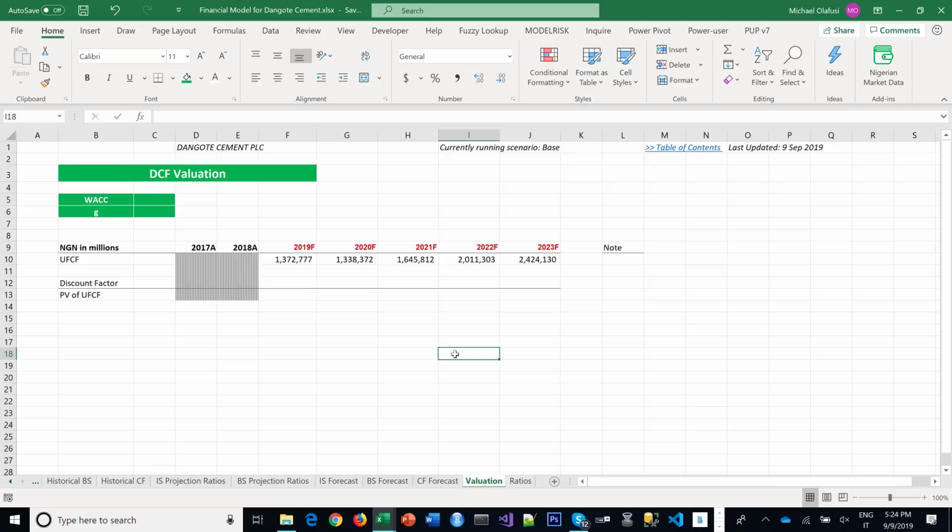And then for the discount factor, that is the WACC, weighted average cost of capital.